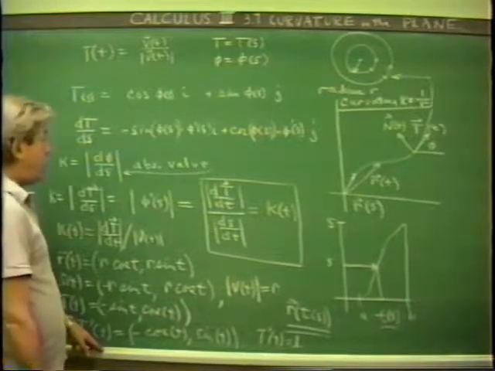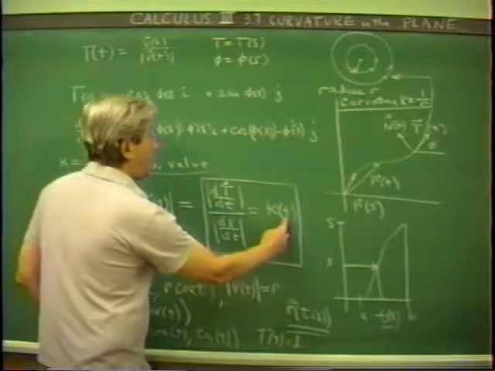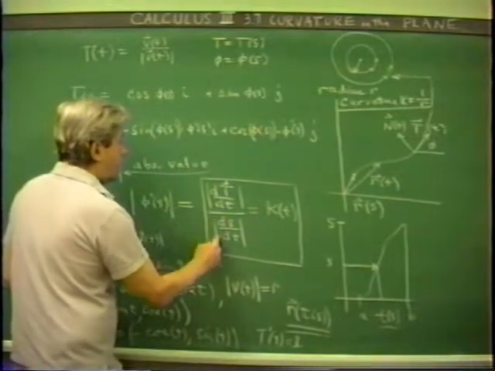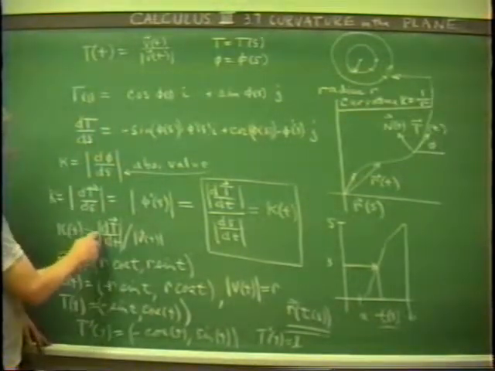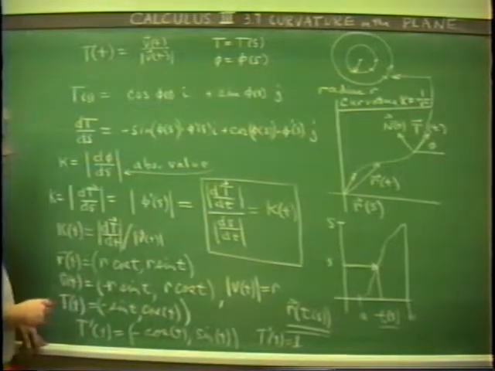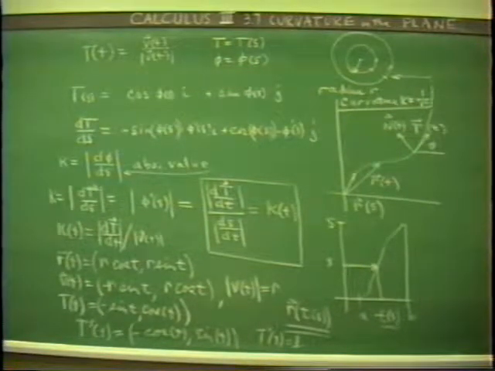The curvature for a circle is given by the reciprocal of the radius. In general, for any curve, the curvature at time t is the magnitude of dT dt divided by the magnitude of ds dt, that is, the magnitude of the velocity at time t.